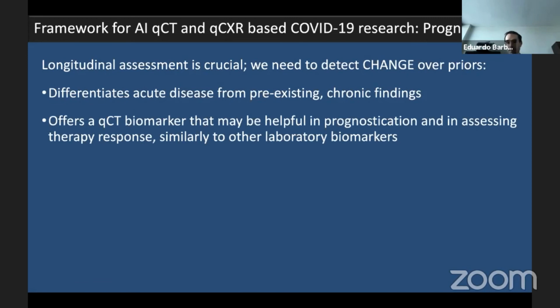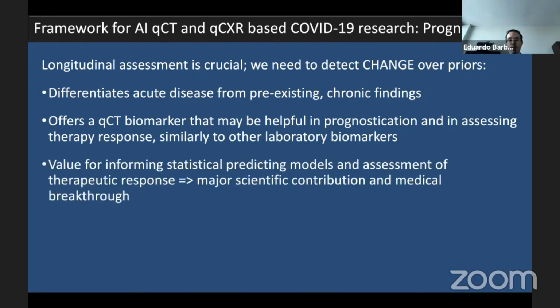You will potentially offer a quantitative CT or even a quantitative chest radiograph derived biomarker that may be helpful in prognostication. And once we have that data, that becomes another element to inform statistical predicting models that can predict not only prognosis, but also therapeutic response. And I think that would be a major scientific contribution and a medical breakthrough in this pandemic.